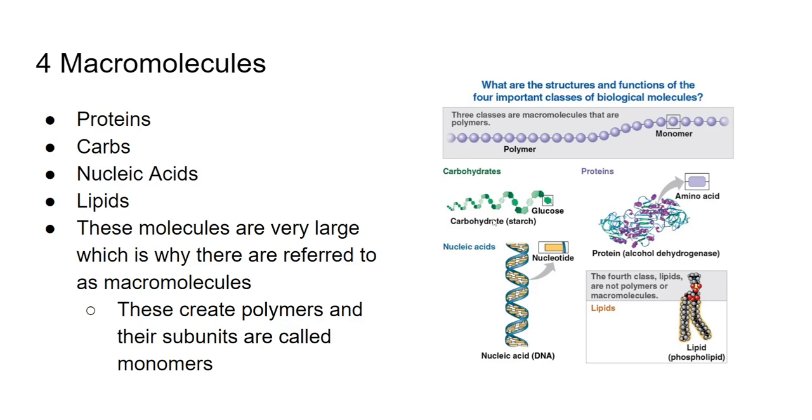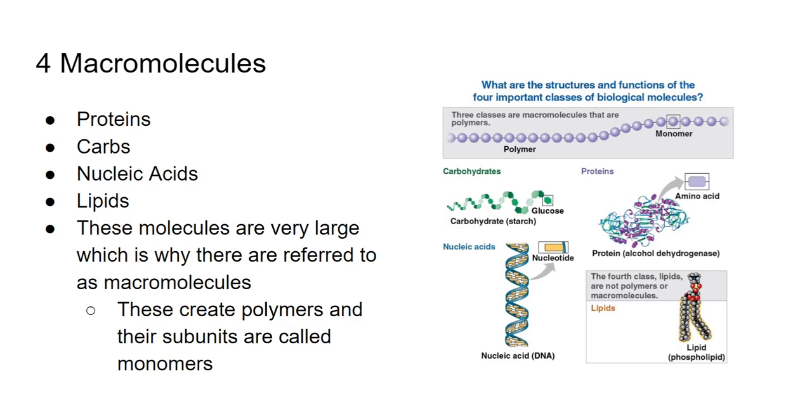If we were to look at carbohydrates, a big example of a polymer for carbohydrates is starch. One big example for humans, since starch is more important in plants, is glycogen, and it's just a linkage of these glucose molecules or these monosaccharides, which are the monomers of these carbohydrates, to one another to make a polysaccharide.